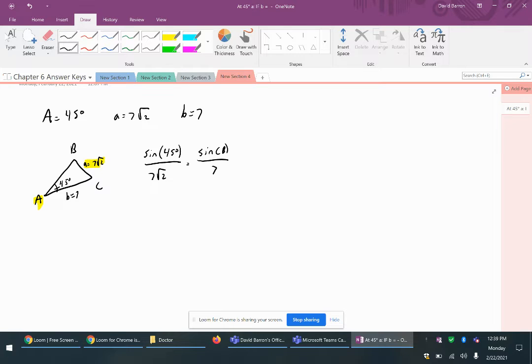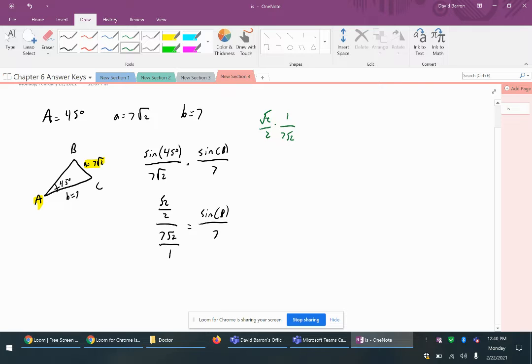So here, you should be able to recognize that the sine of 45 degrees is root 2 over 2. So I could replace that like this, and then simplify. Turn the bottom of our compound fraction into a fraction by putting 1 in the denominator. Now I need to do a little fraction manipulation: square root of 2 over 2 times 1 over 7 root 2.